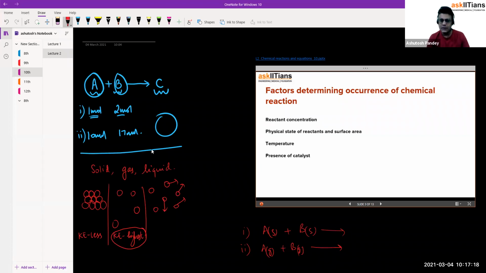In gaseous phase. Why? Because when the reactants are in gaseous phase, there will be more interaction.